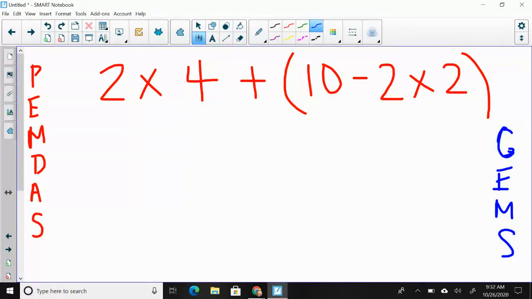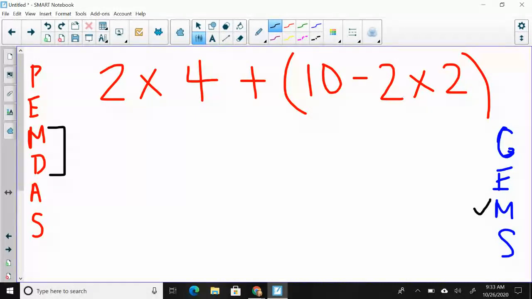All right, so inside of our group, we have subtraction and we have multiplication. If we think about PEMDAS or if we think about GEMS, we have to multiply and divide before we add and subtract.